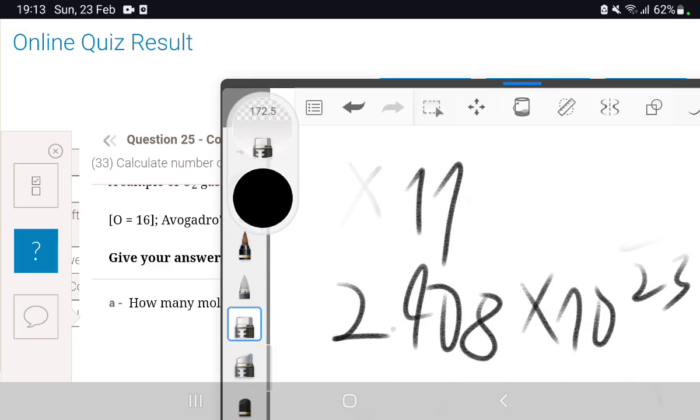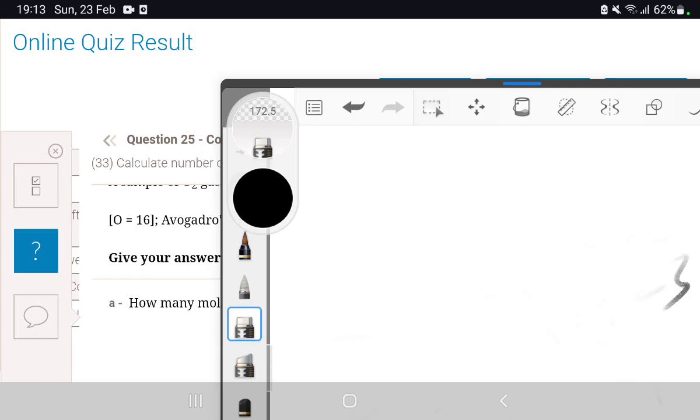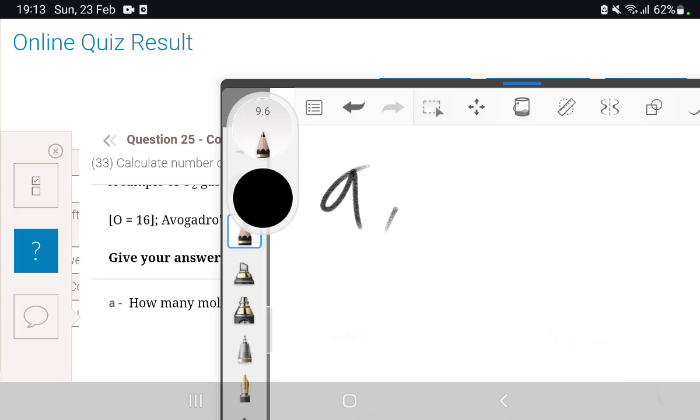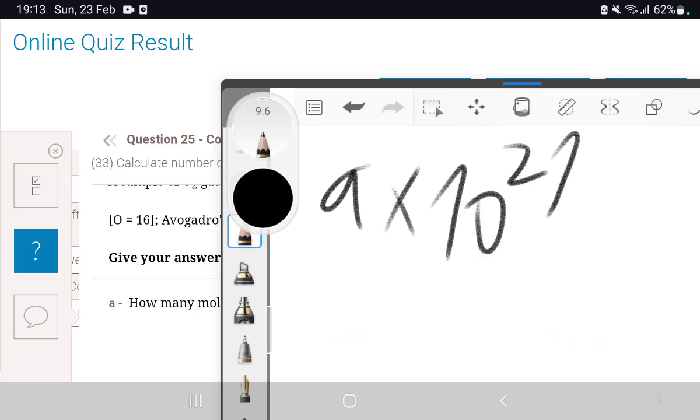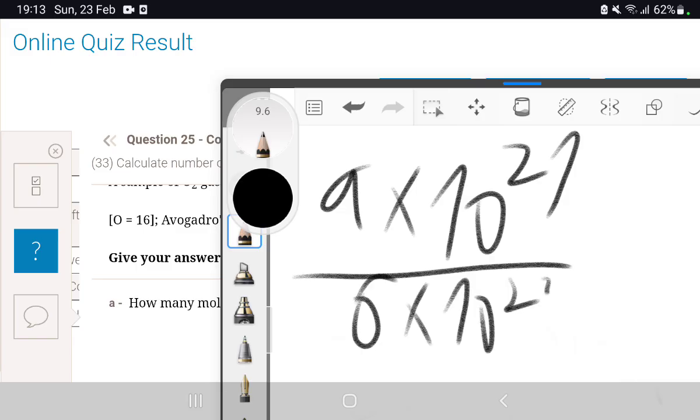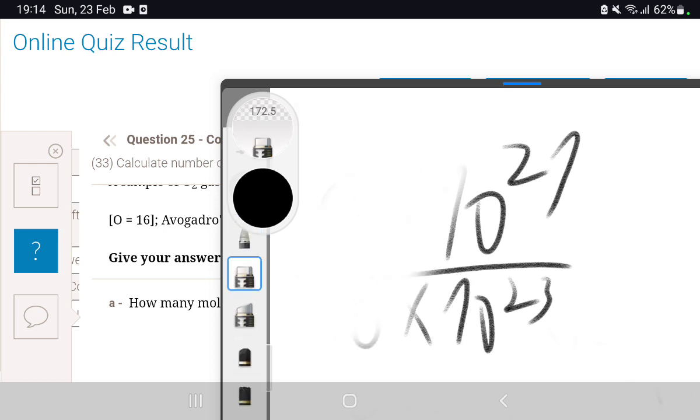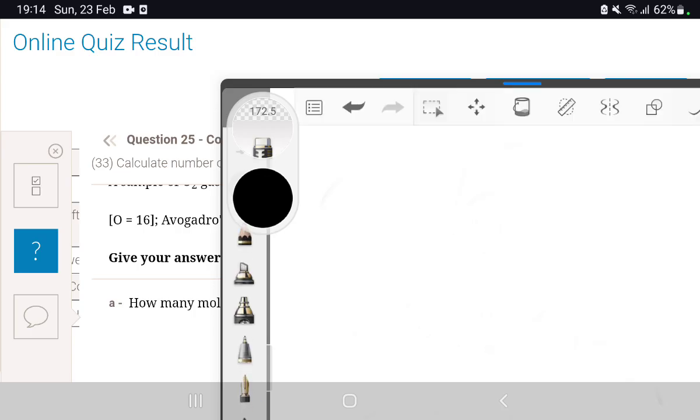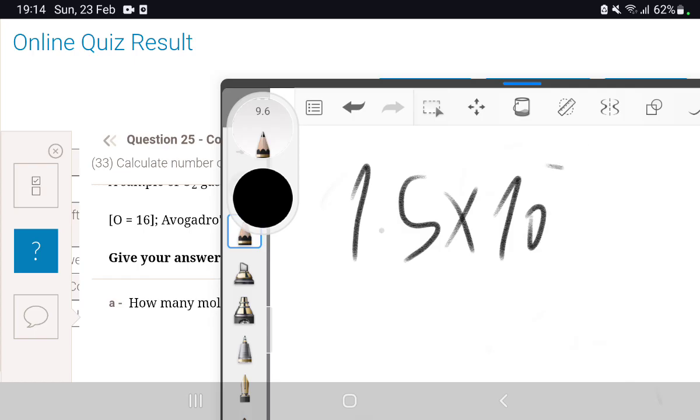First of all, they want us to find the moles, which we can do simply by doing 9 times 10 to the 21, all of that divided by 6 times 10 to the 23, which is 0.015, or 1.5 times 10 to the power of negative 2.